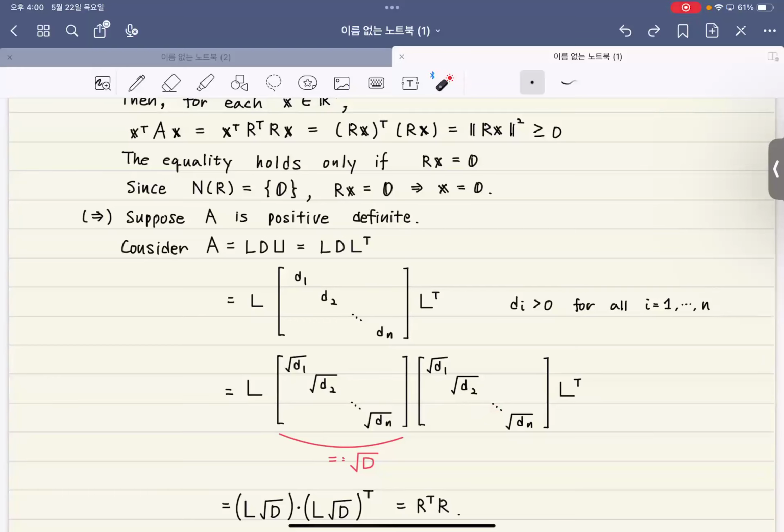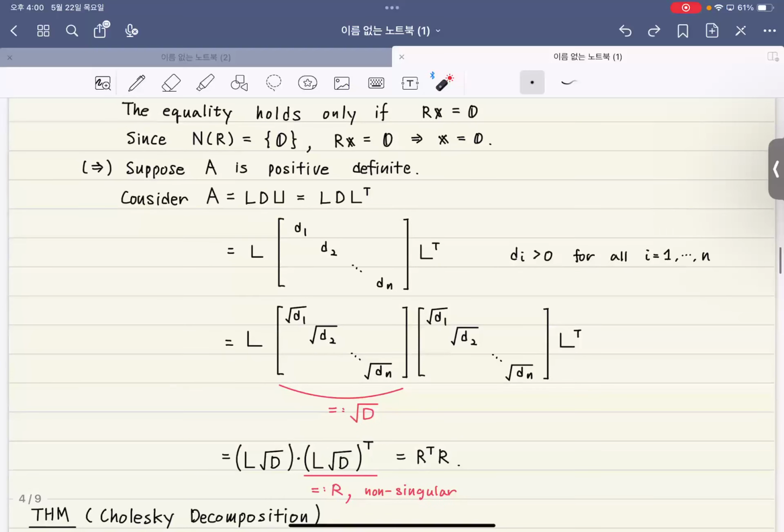I tried to give a name to this matrix, but I cannot think of any better name than square root of matrix D. It sounds very crazy to take a square root of a matrix, but this is just a name. So this is L square root of D.